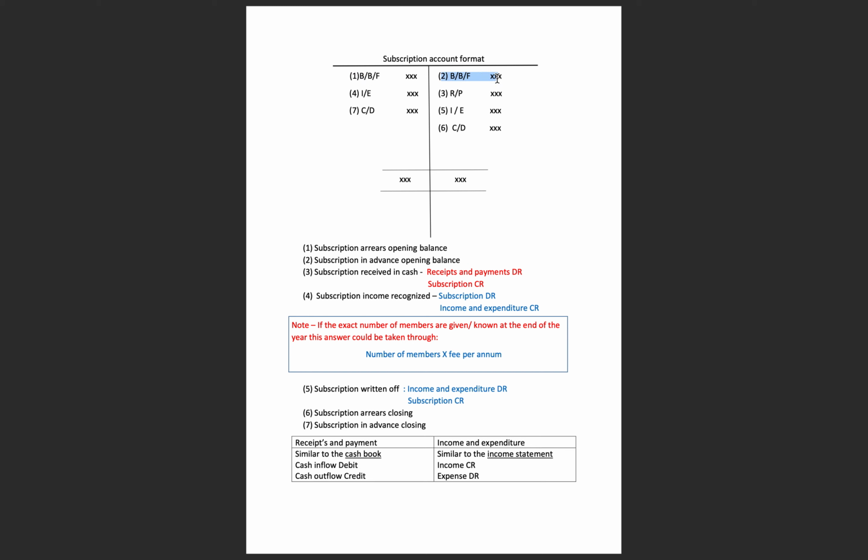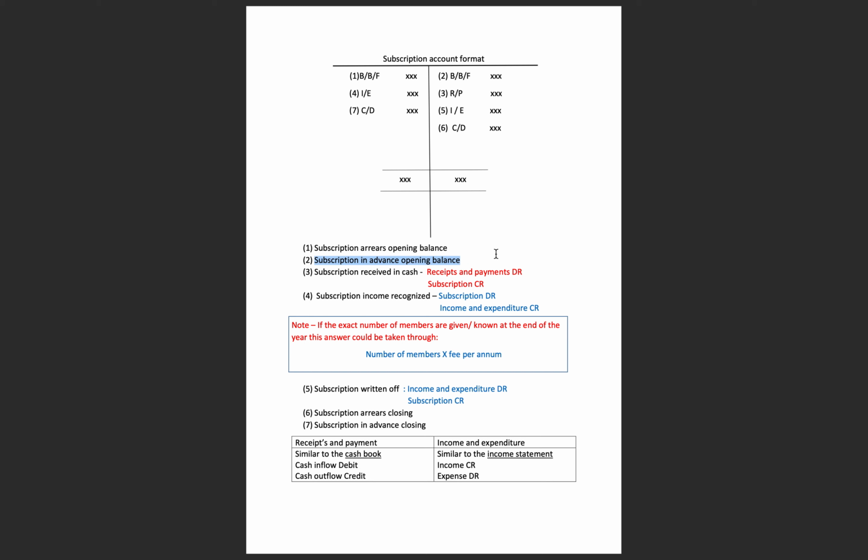The second thing given over here is subscription received in advance. Now remember, subscription received in advance is where before the year commenced they have paid you the fee. So when the members have already paid, the organization now owes these members, so it becomes a liability. Subscription received in advance is a liability.